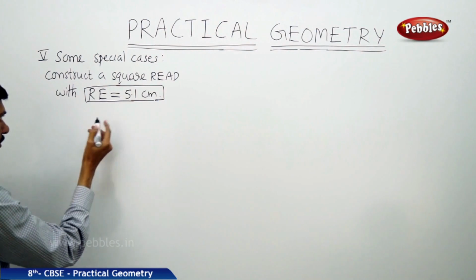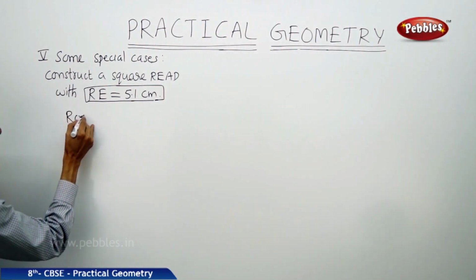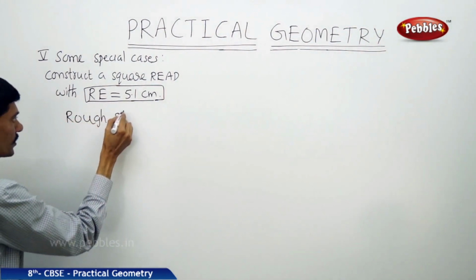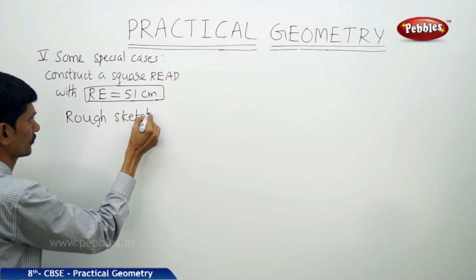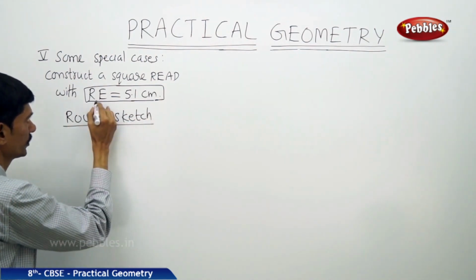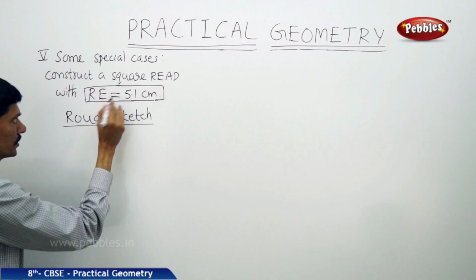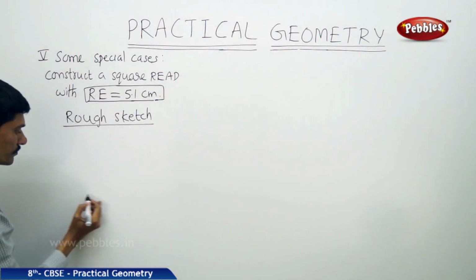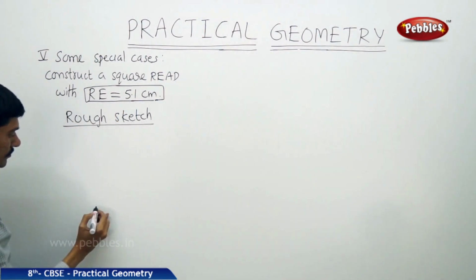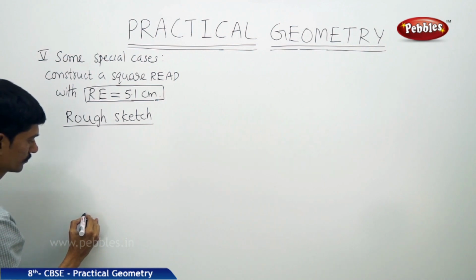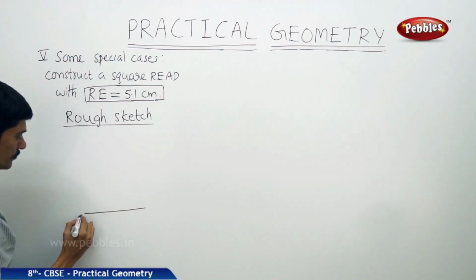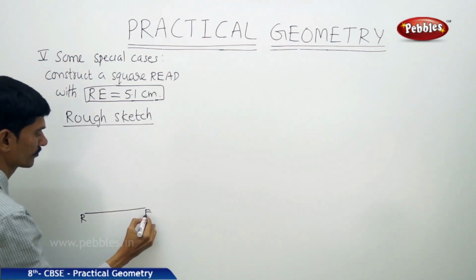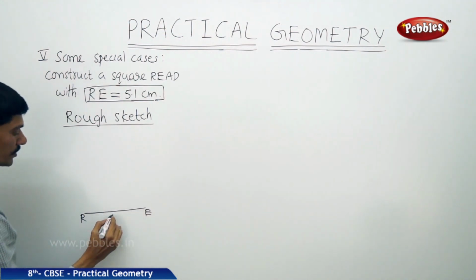So first we will draw the rough sketch. First we will draw the side RE as the base. RE equals to 5.1 centimeters.